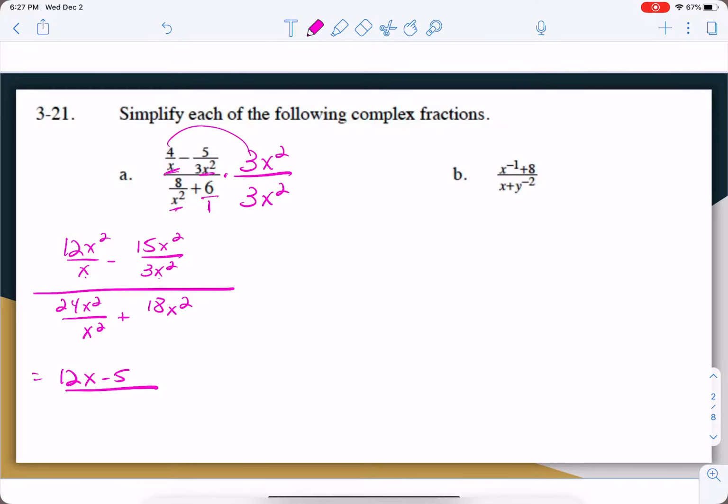Twenty-four x squared divided by x squared simplifies to be 24. 18x squared divided by 1 is 18x squared. So now I don't have fractions in my numerator and denominator anymore. So I've simplified it. You're done simplifying when you've gotten rid of the complex fractions.